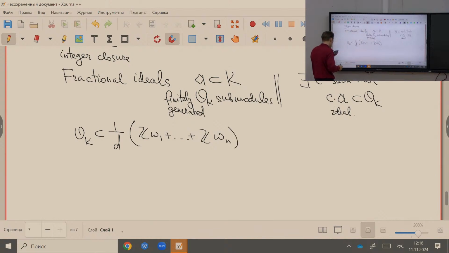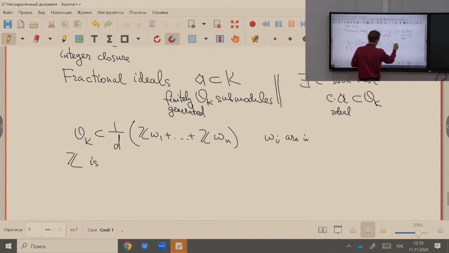Since this is a submodule of a free module, where omega_i are integers, and we have proved this, and Z is a principal ideal domain.